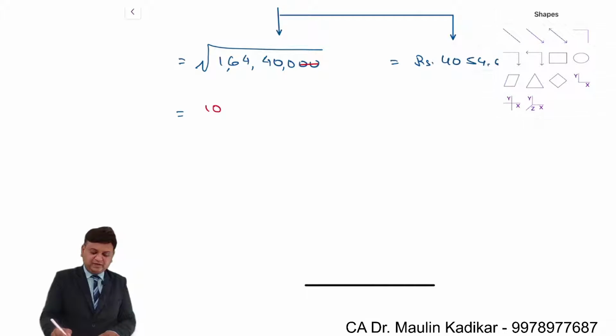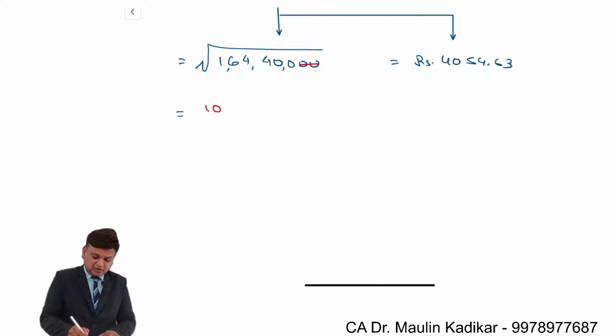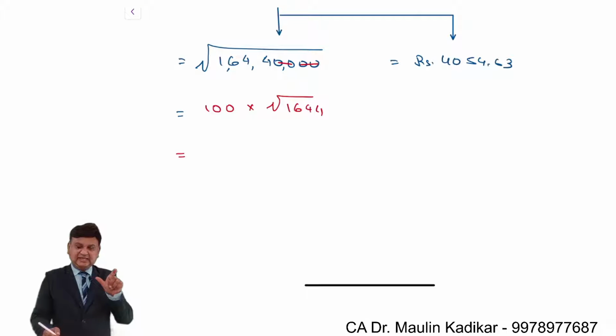Why? Because root of 100 is 10. You cancel another two zeros and you multiply final answer with 100. And then you do under root of 1644 and that answer is multiplied with 100. This is the way you can have a kind of shortcut working.